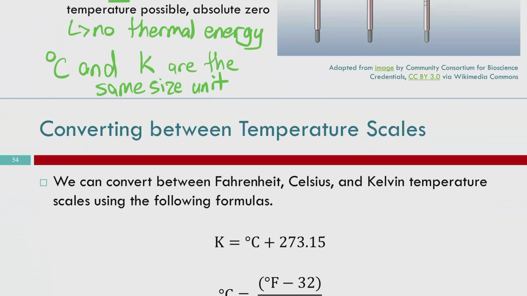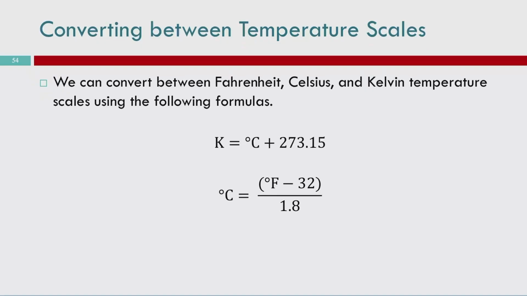Perfect. We can convert between Fahrenheit, Celsius, and Kelvin with these following formulas. So if you want to find Kelvin, add 273.15 to whatever your Celsius value is, and you're in Kelvin.